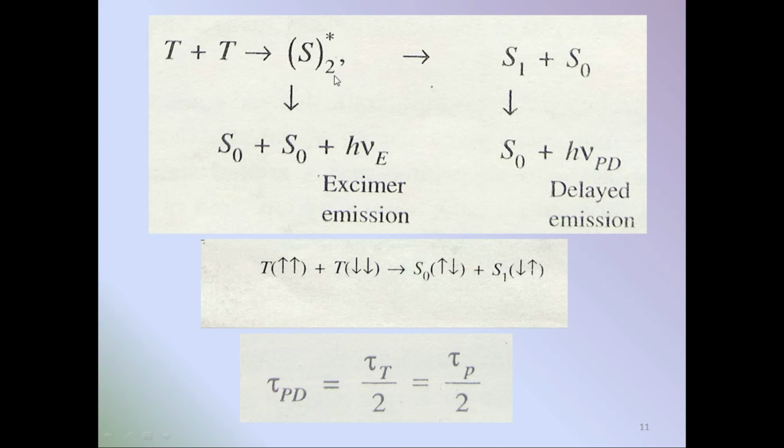As you can see in the first equation on this slide, two triplets combine and undergo annihilation, meaning a collision takes place, forming the excited dimeric species S2 star, which dissociates into the excited and ground singlet states S1 and S0.